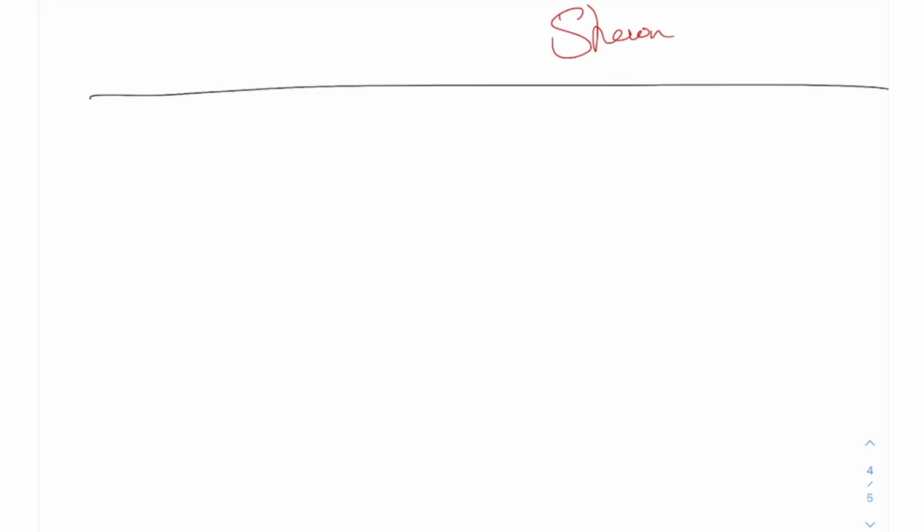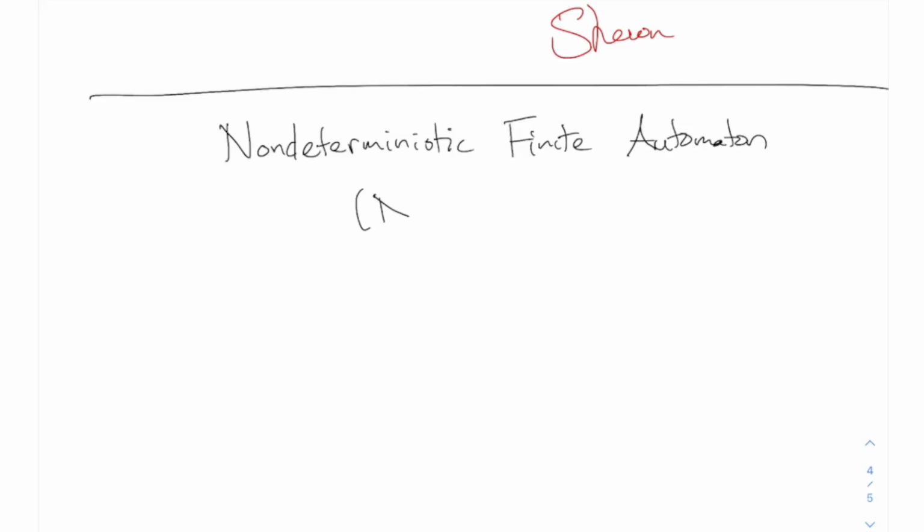So this one is called the non-deterministic finite automaton. This is called NFA. We don't put the D in there.